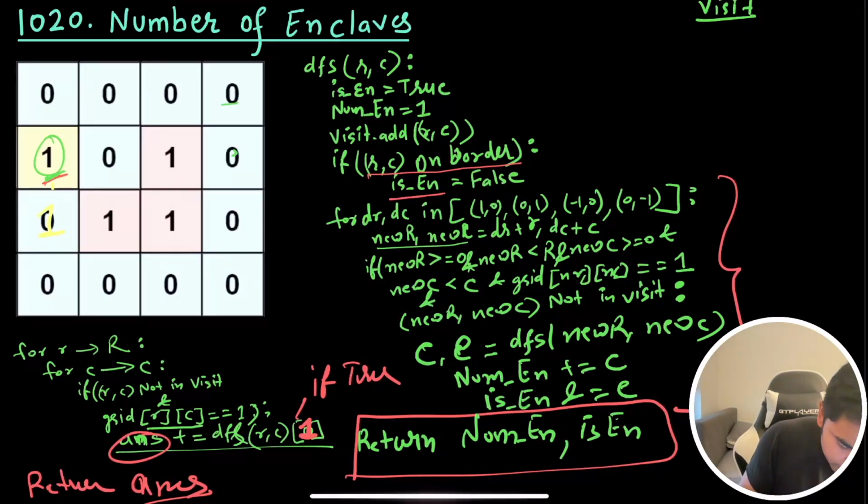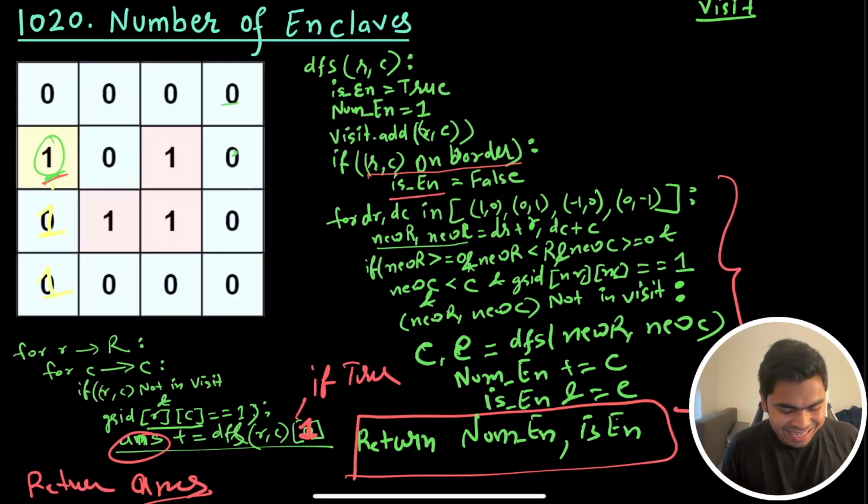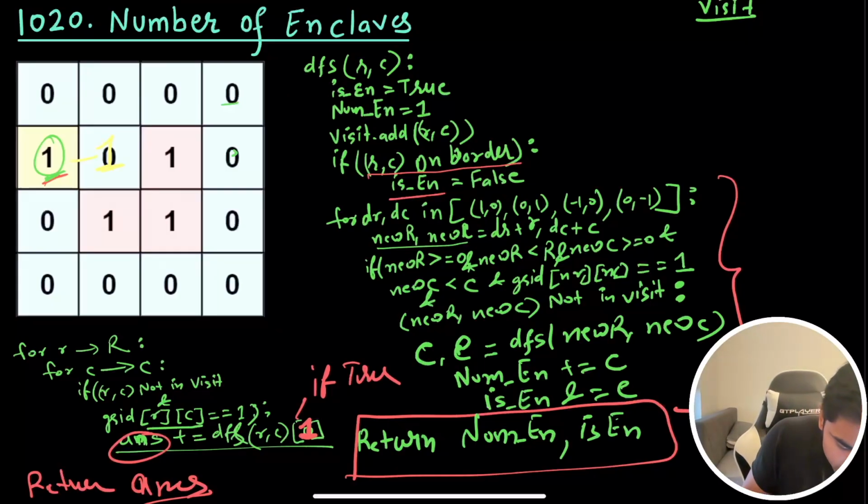If this was the 1, then I still want this to be explored by my DFS, such that it can still mark is enclave false, but mark them visited.